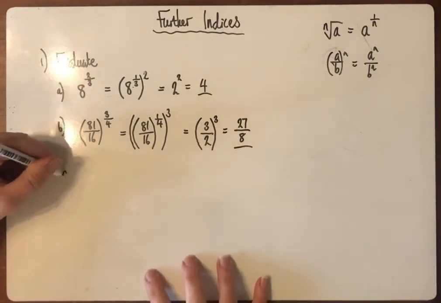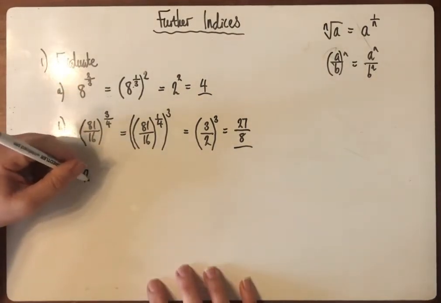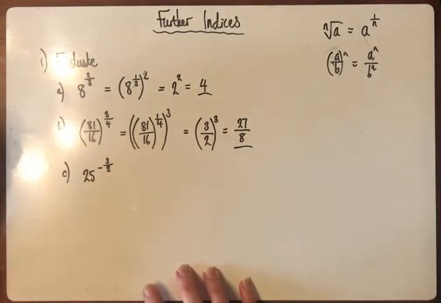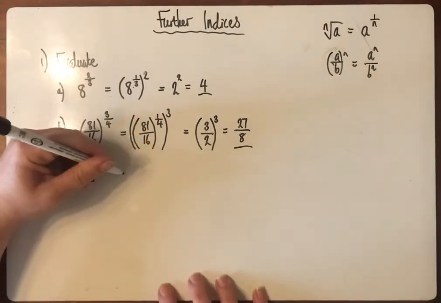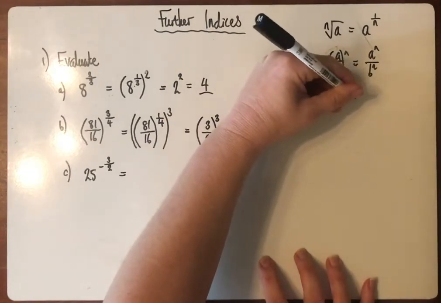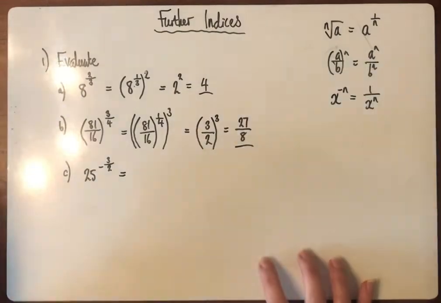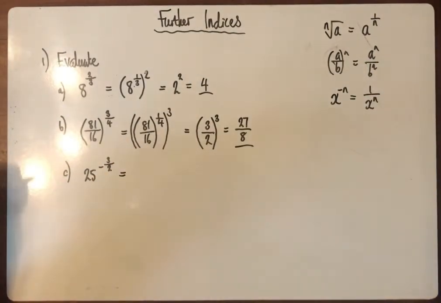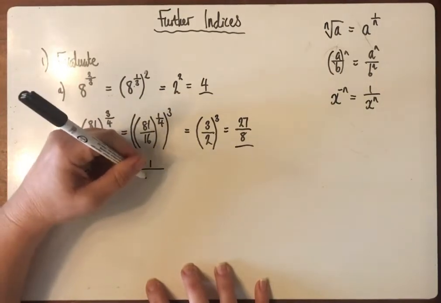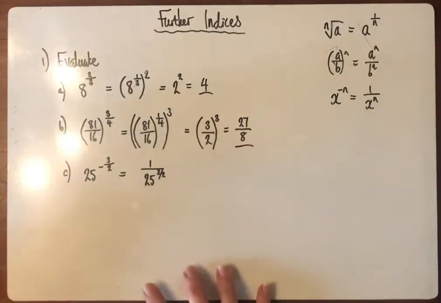And then also bringing some negative powers into this. So if we've got 25 to the power of minus 3 over 2, remember if you've got x to the power of minus n, that's the same as 1 over x to the n. So the negative makes it 1 over. So this is the same as 1 over 25 to the power of 3 over 2.